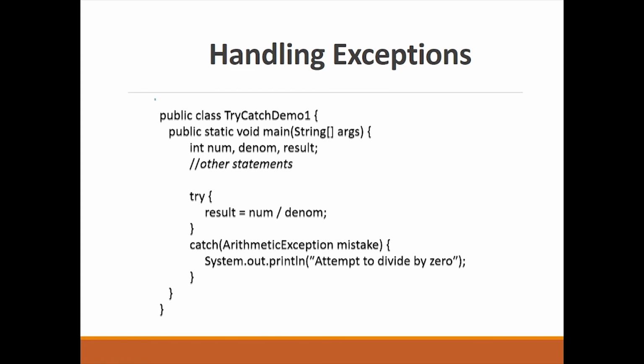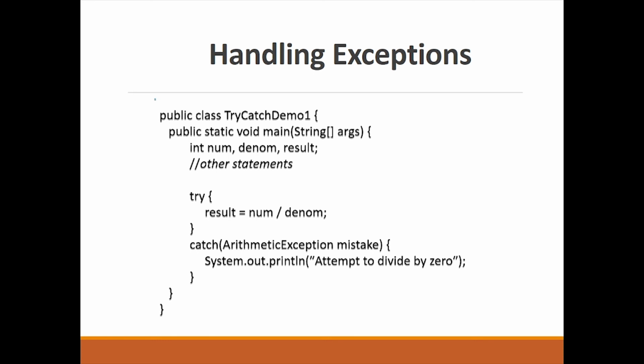For example, we have here, as you can see, a public class TryCatchDemo1. We have int num, dnum, and result. Here we try result equals num divided by dnum. For our catch, we have an ArithmeticException, which is the type of exception, and the name of the exception is mistake.